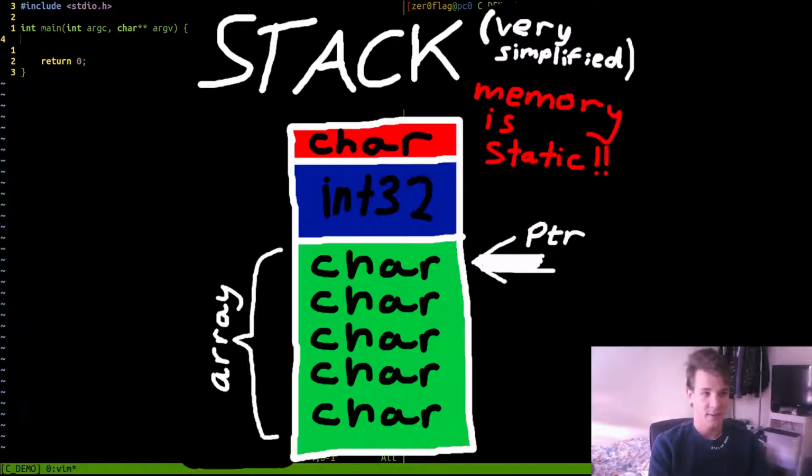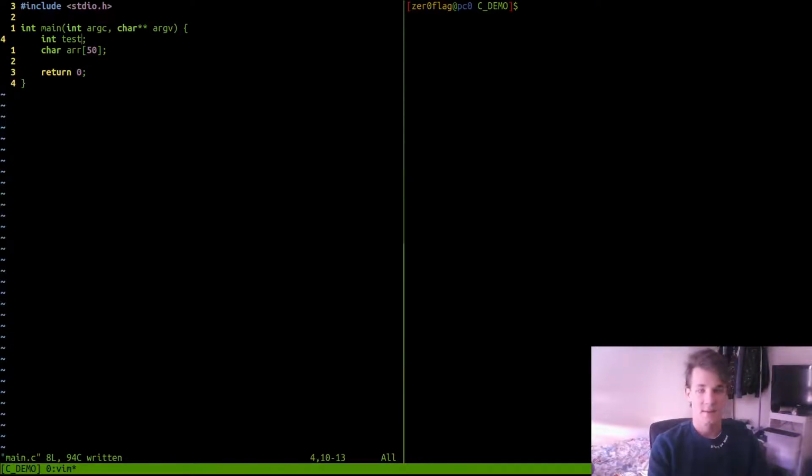So say I define an integer test and a character array of 50 characters. The data part of the stack, there's more stuff stored in the stack besides the data, but the data part would be 54 bytes long, because every character is 1 byte and every integer is 4 bytes. This cannot be extended, nor can it be contracted.